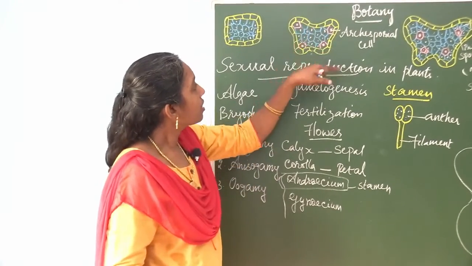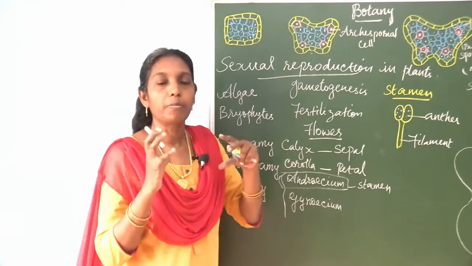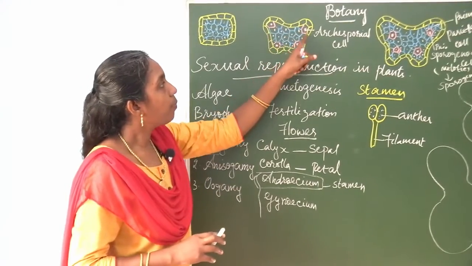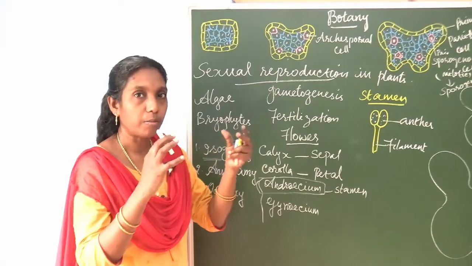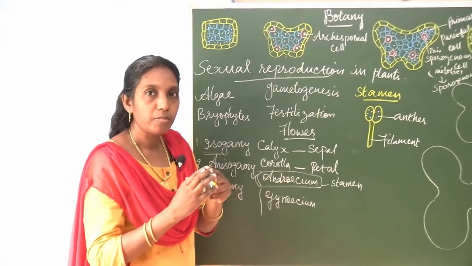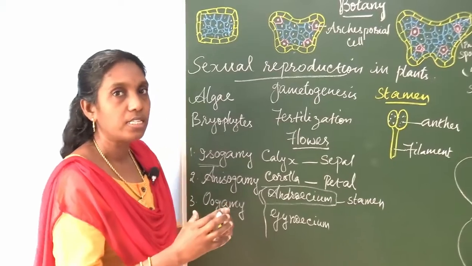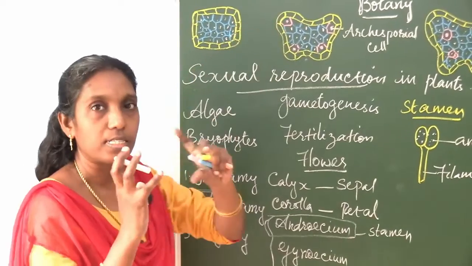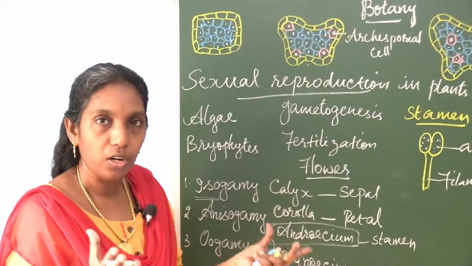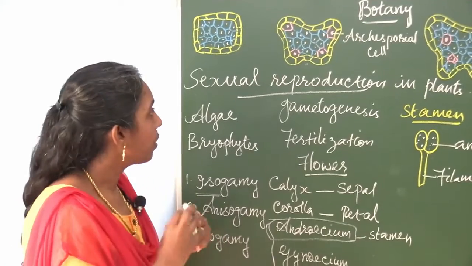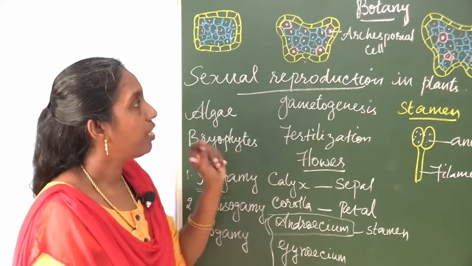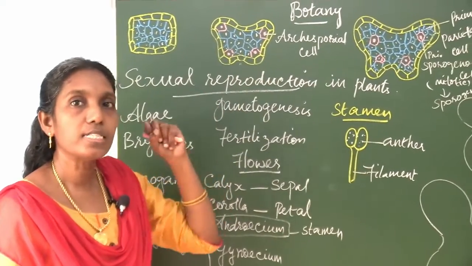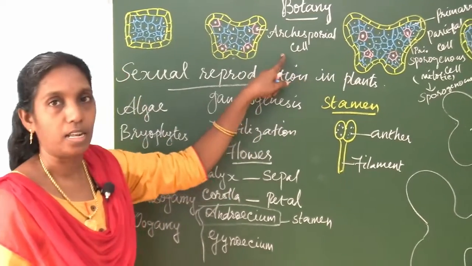In the next stage, a row or a few of these hypodermal cells are enlarged with a conspicuous nucleus, and become an initial called the archesporial cell. So this cell functions as an archesporial cell.